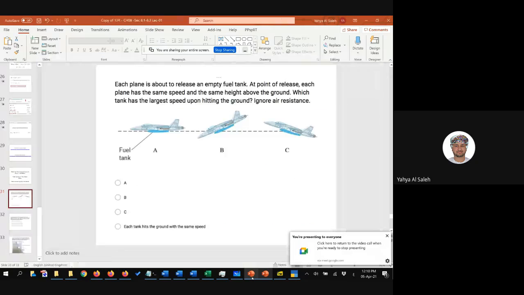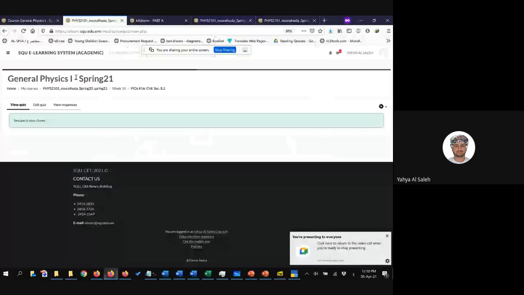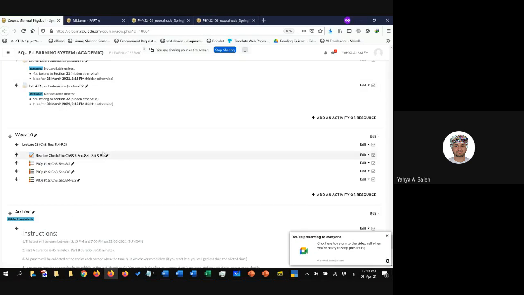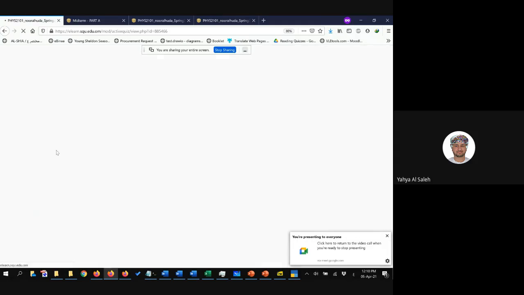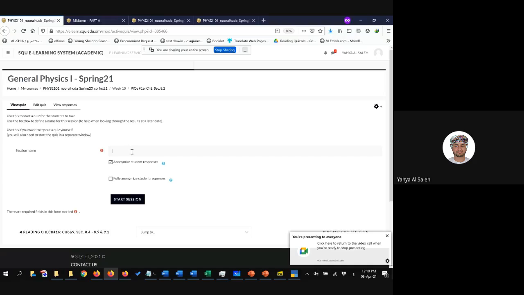Okay, so if you go to Moodle and search under today, you will see multiple PIQs. If you choose the first one, 8.2, we can start with that.